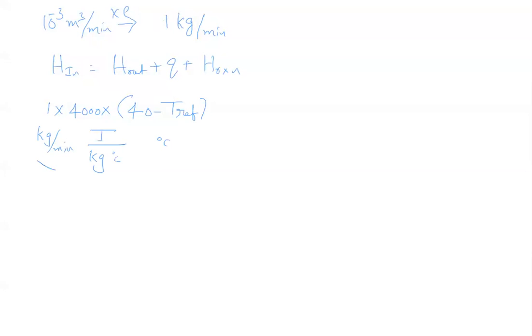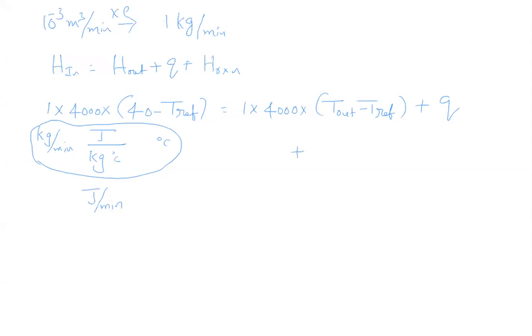So overall, combined, the unit you get is joule per minute, which is equal to heat out: 1 into 4000 into T out minus T reference, plus Q, plus heat of reaction.